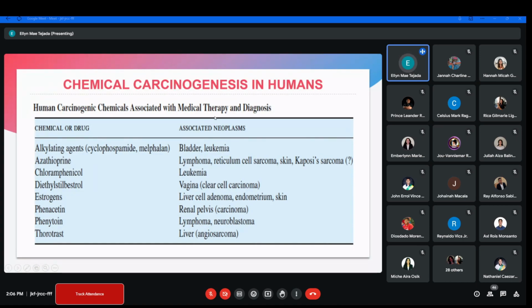So in conclusion, a number of factors have been implicated in the induction of cancer in humans. These are the things that you need to consider: the lifestyle, the infectious agents, the medical treatments, the environmental exposure and the occupational exposure.